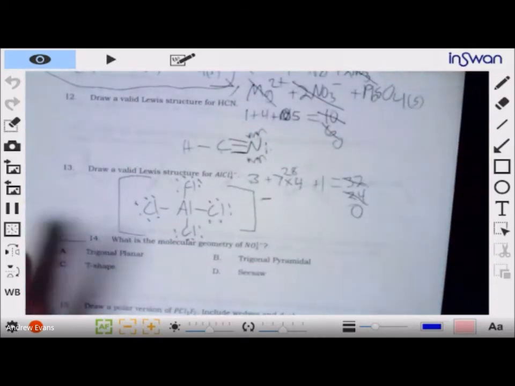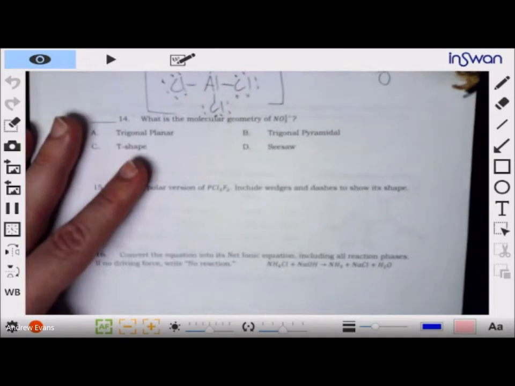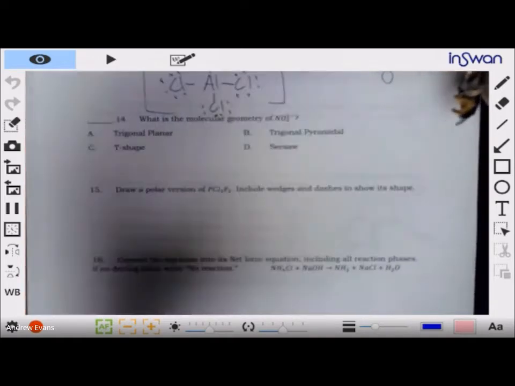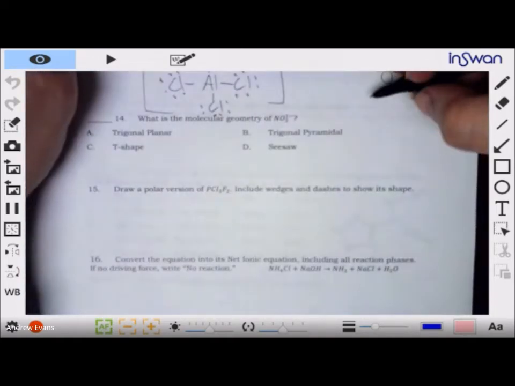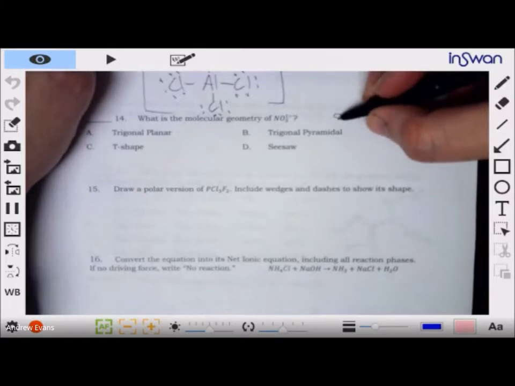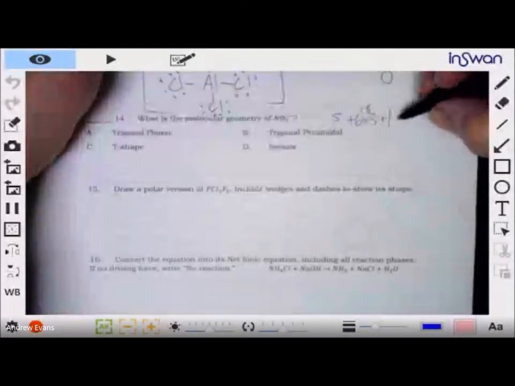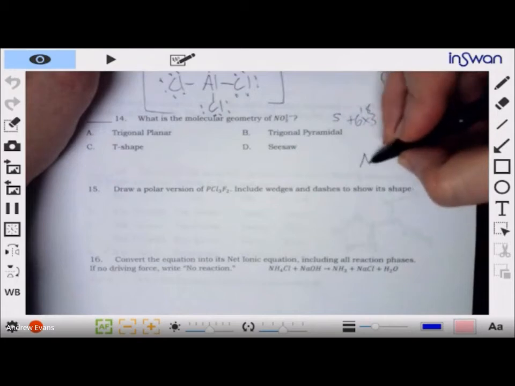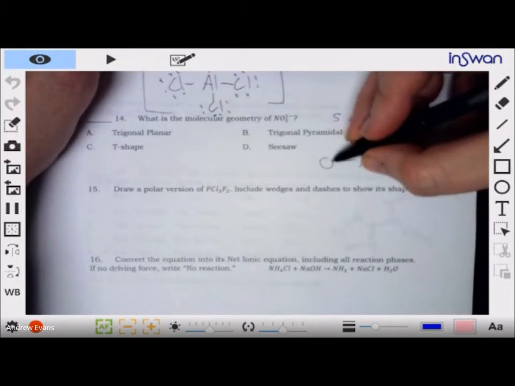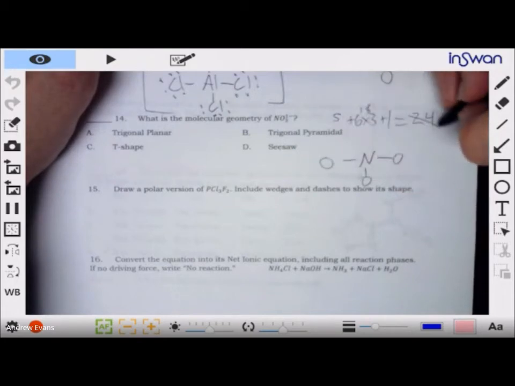Okay. What is the electron geometry? What is the molecular geometry of NO3 minus? N is 5. O is 6. 6 times 3 is 18. Plus 1. 6 plus 18 is 24. N, O, O, O. That uses 6.